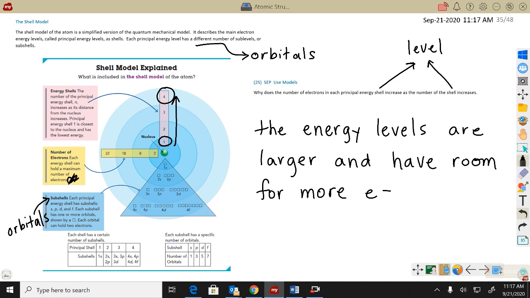And each orbital can hold 2 electrons. Eventually we're going to look at these boxes as a model of all the different orbitals that are available in an atom. Each box can hold 1 or 2 electrons, 2 max.